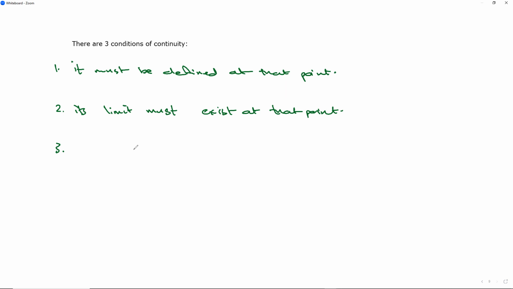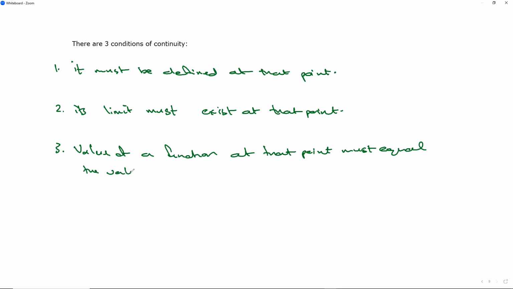And the value of the function at that point must equal the value of the limit at that point. In other words, point 1 must equal point 2.